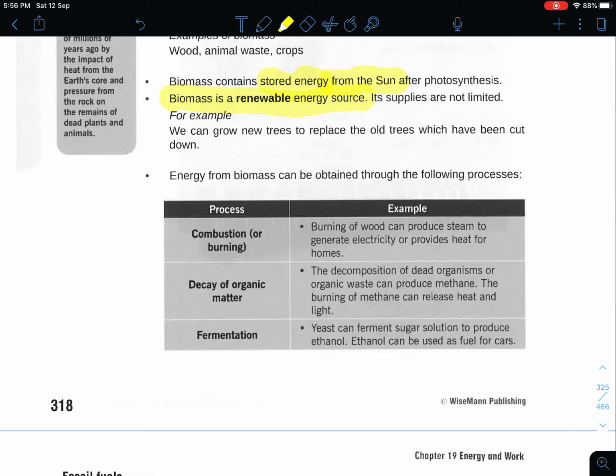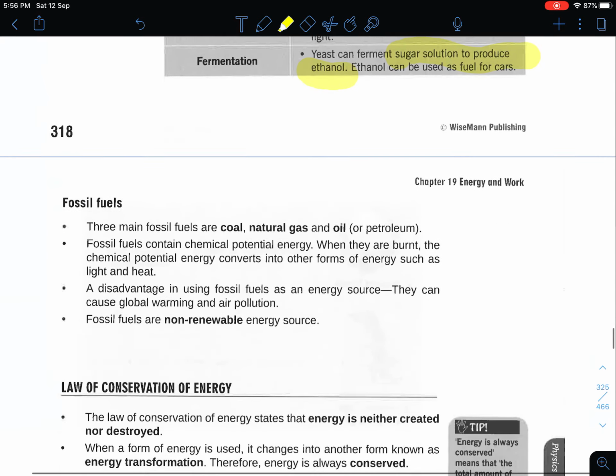Decay of organic material is another example where through the decomposition of dead organisms or organic waste, you can produce methane. Methane is a form of gas, okay, which can release heat and light when you burn it. Then of course you have fermentation. This one is from yeast that helps to ferment sugar to produce ethanol. And ethanol is another kind of organic fuel that can be used for combustion, or even for your transport system.